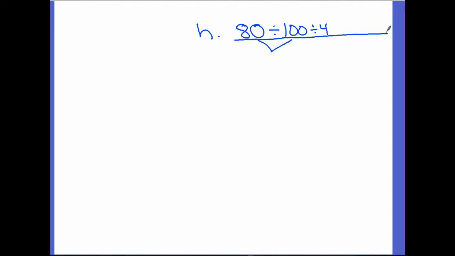So then now I have 80 decimal divided by 100. So if I move my decimal 2 places to the left, what's my number going to be? 80/100ths, or I could just drop it and make it 8.